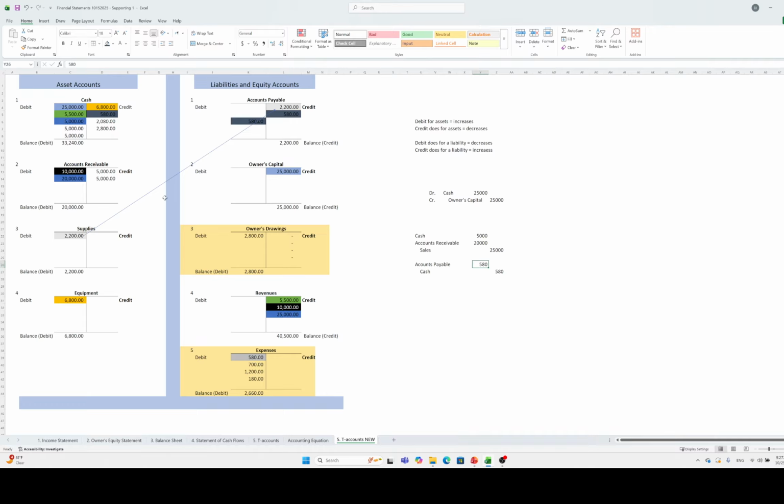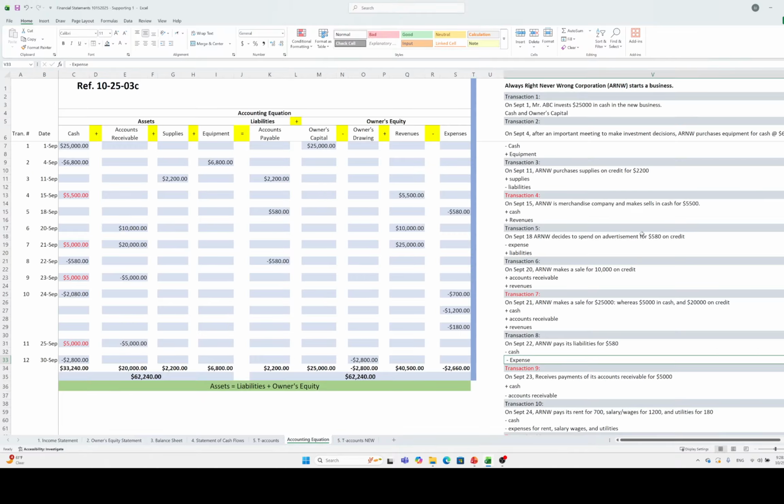All right. So do not be confused with when the company makes an advertisement on transactions on credit.